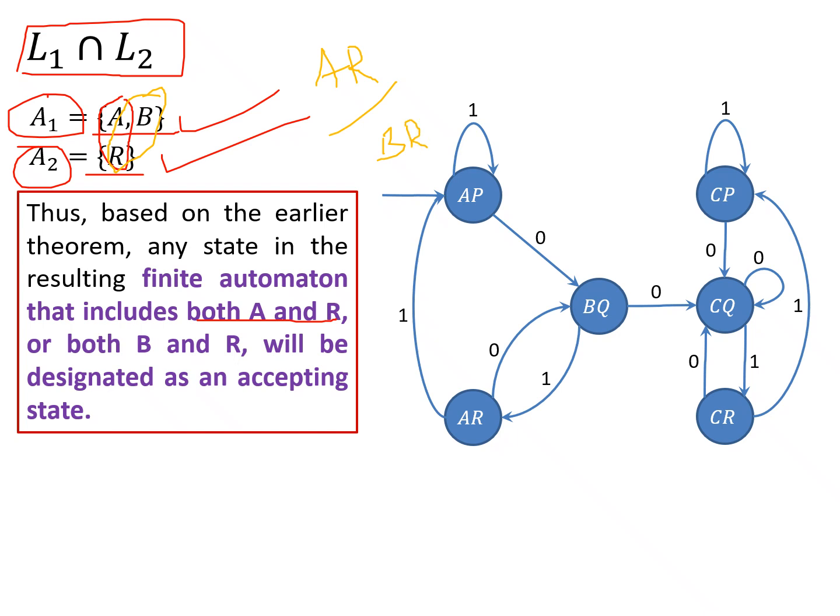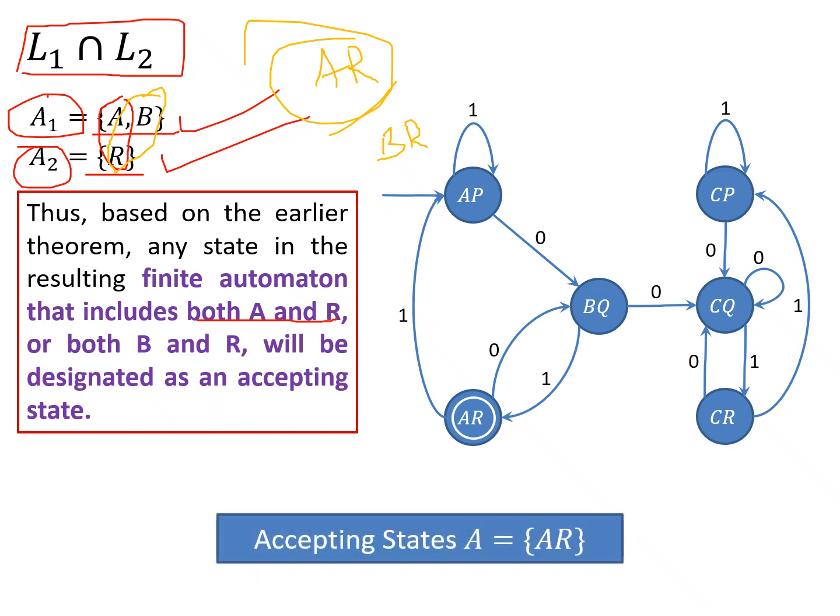If that is the case, these two are final states. So which are the final states here? So the final states are AR, then BR. Only those are final in L1 intersection L2. This is the final DFA for L1 intersection L2.